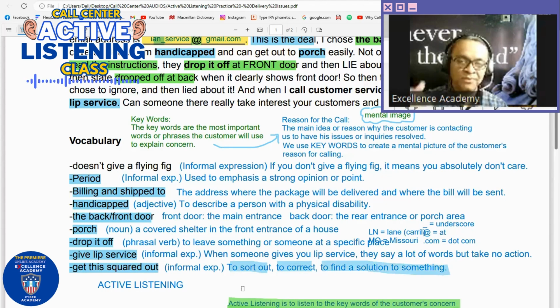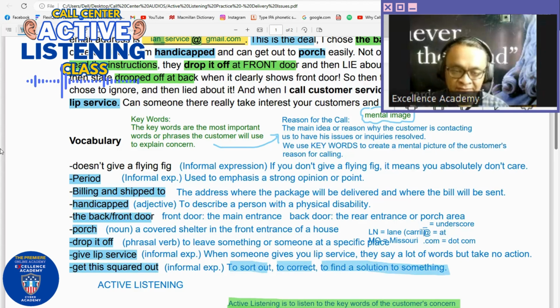So when you want something squared out, it means that you want a solution to it. You want it fixed. You want it resolved. It's like saying, hey, I want this sorted out. Can you get this sorted out? Can you fix it? Can you correct it? It's just another informal way of saying, can you correct something or fix it for me?